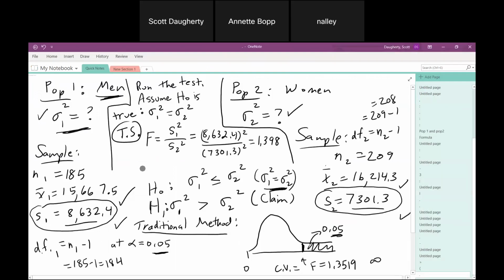Okay, and so you can see what happens. The test statistic lands a little bit beyond 1.35. It lands a little bit beyond there, 1.398. So it lands in the critical region. And if you remember, if the test statistic lands in the critical region, you reject the null hypothesis.